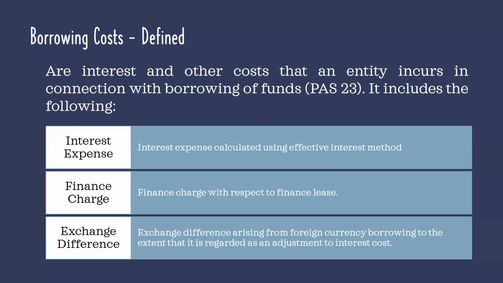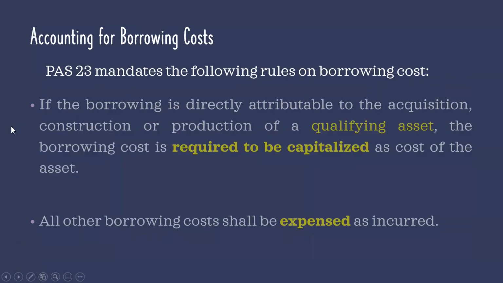Since we know that the foreign exchange fluctuates from time to time, if there are fluctuations, and that particular fluctuation is really related to the interest, then that exchange difference can still be considered as borrowing cost.